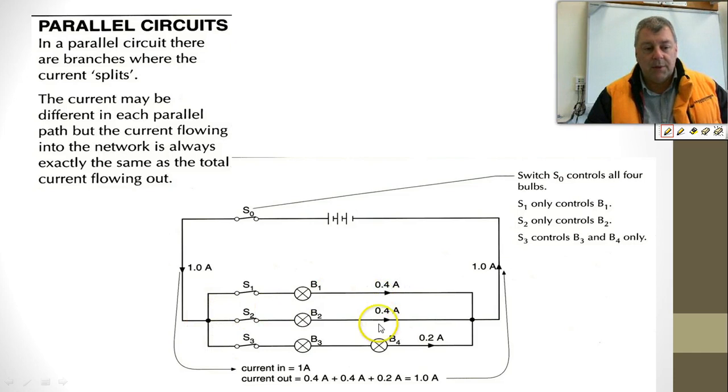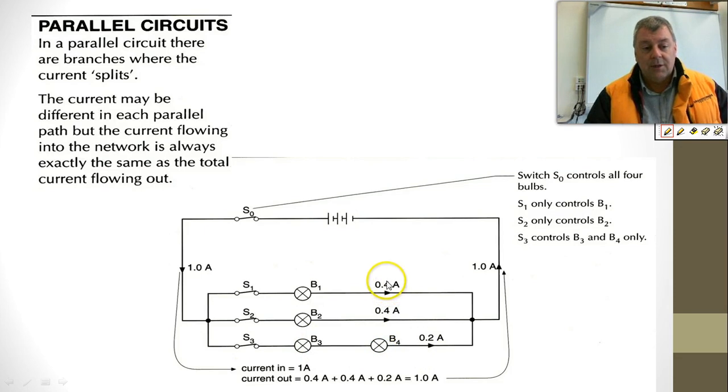And it splits up depending on the load. The load is a measure of resistance, electrical resistance. Now of course we've got bulbs here. Branch 1 and branch 2 only have 1 bulb each, and so they get the same amount of current. Branch 3 has 2 bulbs and it gets less current because it's got more load or more resistance.